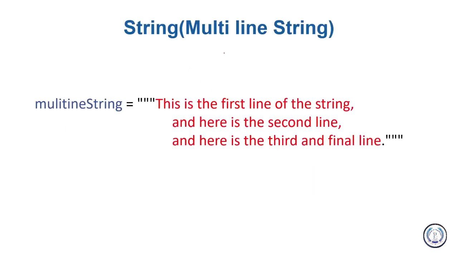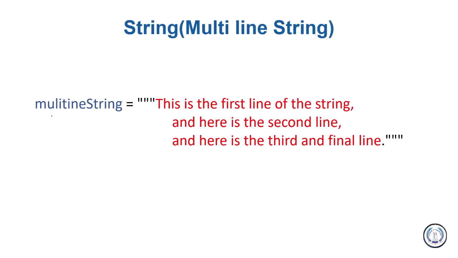A string might be very lengthy and may span more than one line. Or maybe the formatting is such that, even if it is not very lengthy, you still want the different chunks of the same string to appear on different lines.